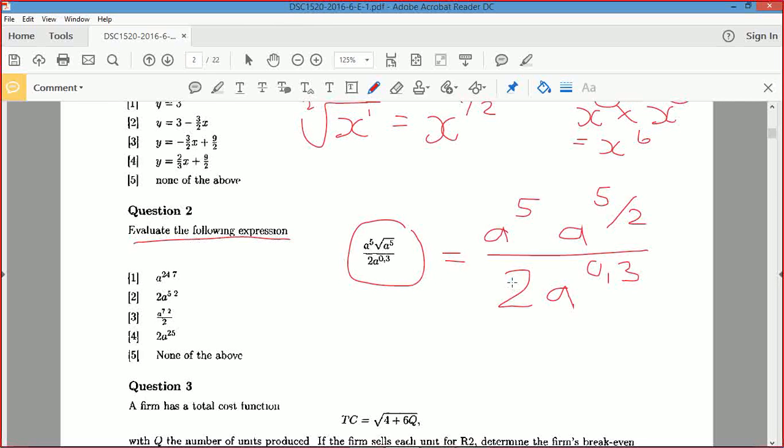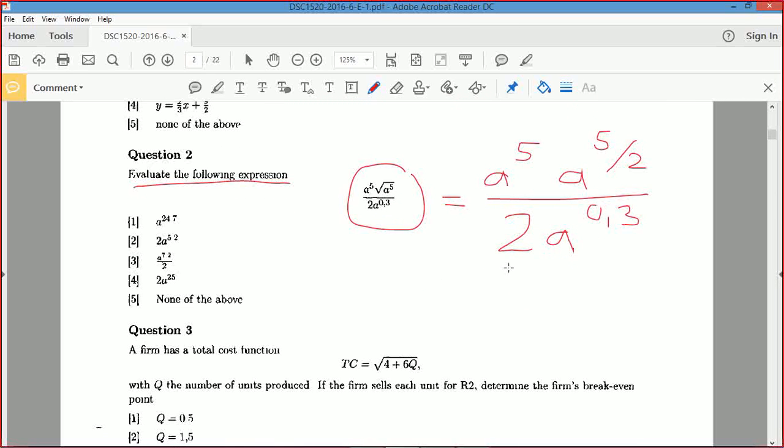Simplifying the expression, how am I going to simplify this? Very easily. I'm just going to take all the numbers. I'm going to leave the 1 over 2 here, then I'll write down a, and then I'll write 5 plus 5 over 2 minus 0.3.